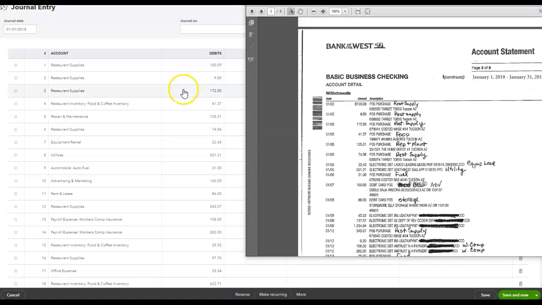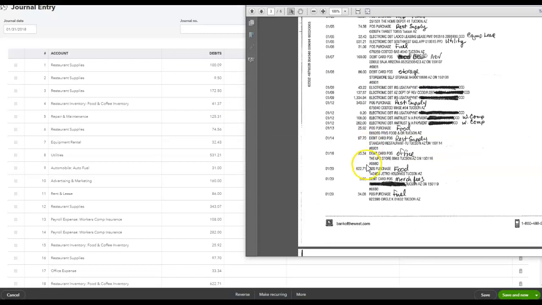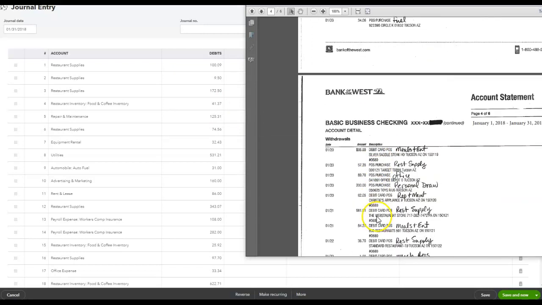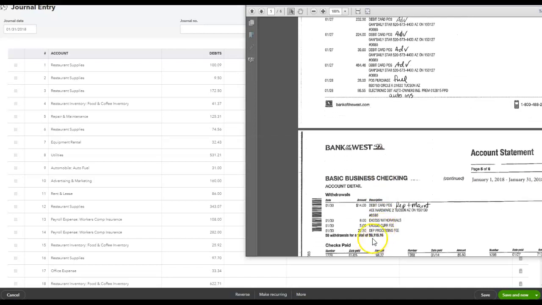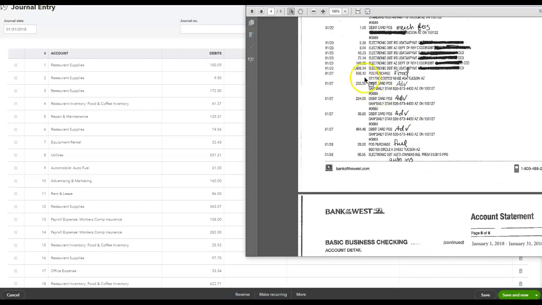So if I want to verify that this is the correct amount, I could take this total here of 9,119.16 and subtract these tax payments. So there's 4 of them here, 5, 6 of them here.